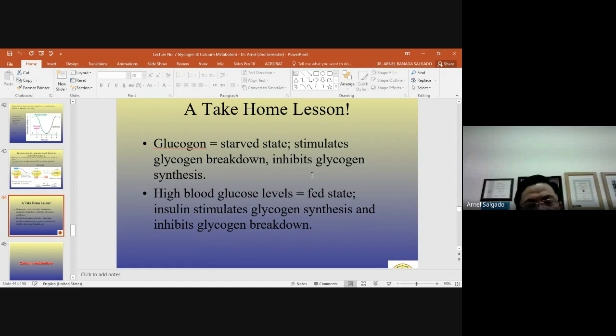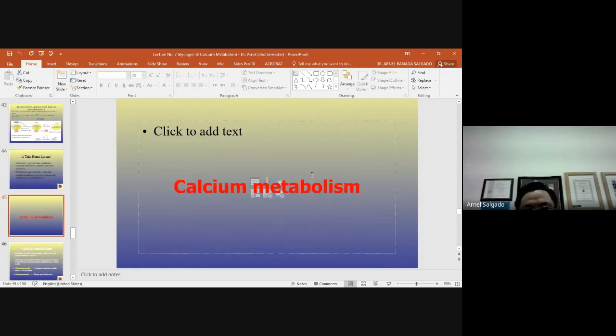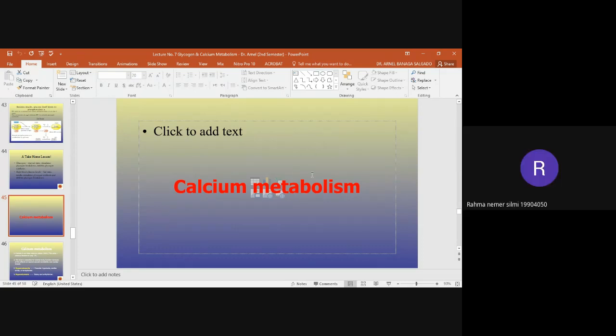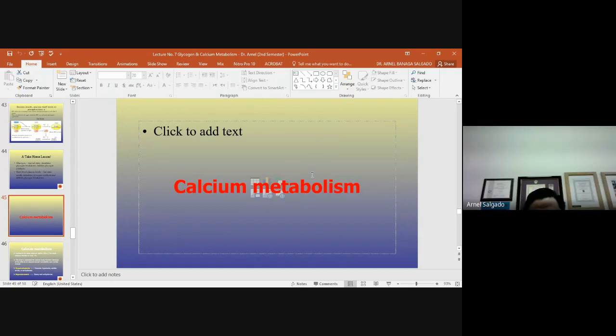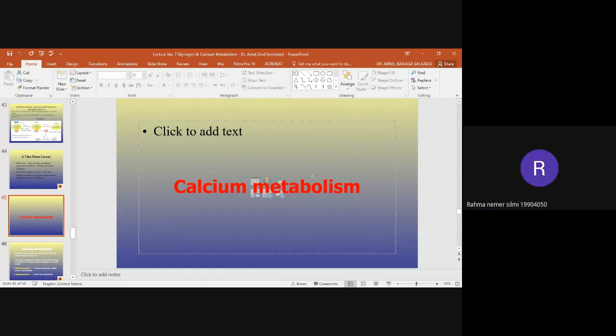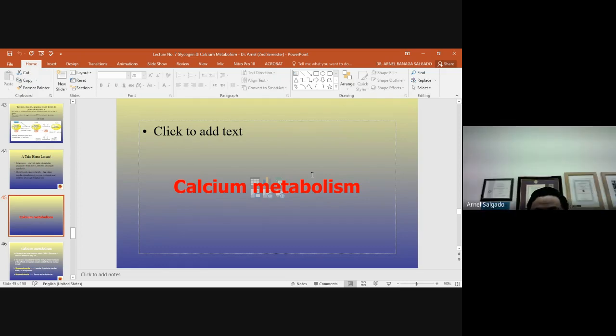All right, now let's go to calcium metabolism. Are you familiar? Where do you find most of the calcium in the body, class? Yeah, in the bones. This is actually needed.